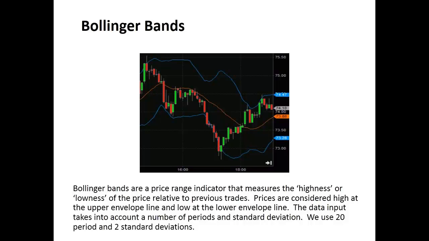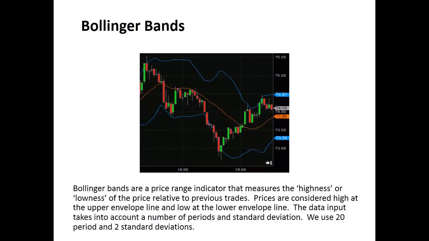Now, Bollinger Bands are a price range indicator that measures the highness or the lowness of the price relative to previous trades. And as I showed earlier with the star and hammer formation, that's usually where you're going to get your nominal upside price and your nominal downside price.